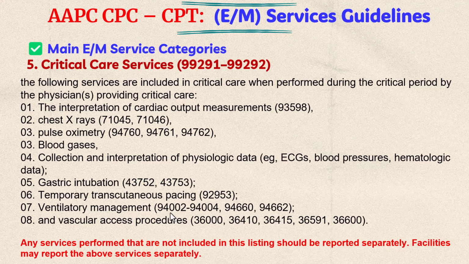First is the interpretation of cardiac output measurements, chest X-rays, pulse oximetry, blood gases, collection and interpretation of physiologic data such as ECG, blood pressure, hematologic data, gastric intubation, temporary transcutaneous pacing, ventilator management, and vascular access procedures. These procedures need not be separately coded because they are included in critical care. Any services performed that are not included in this listing should be reported separately.